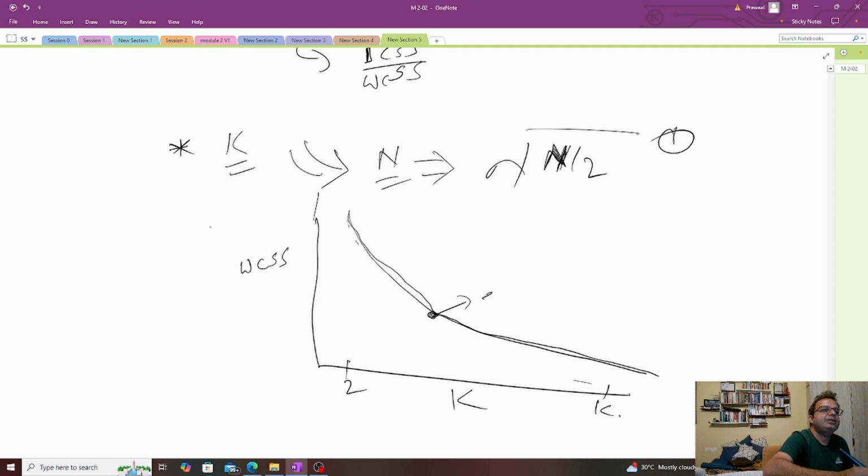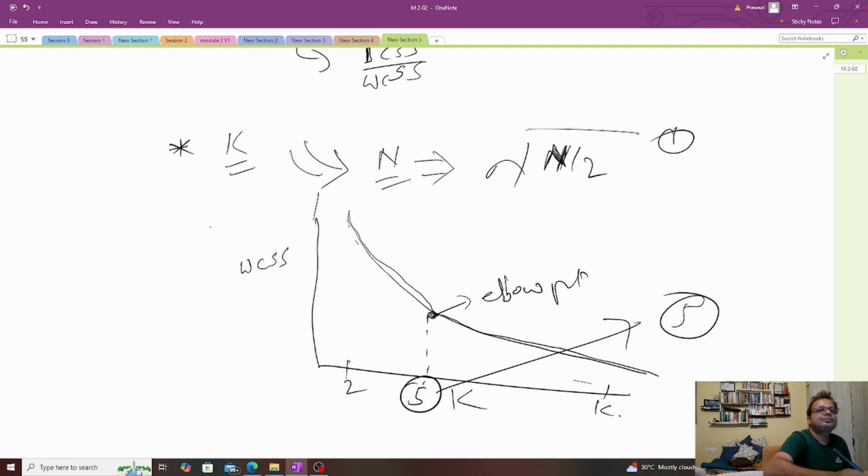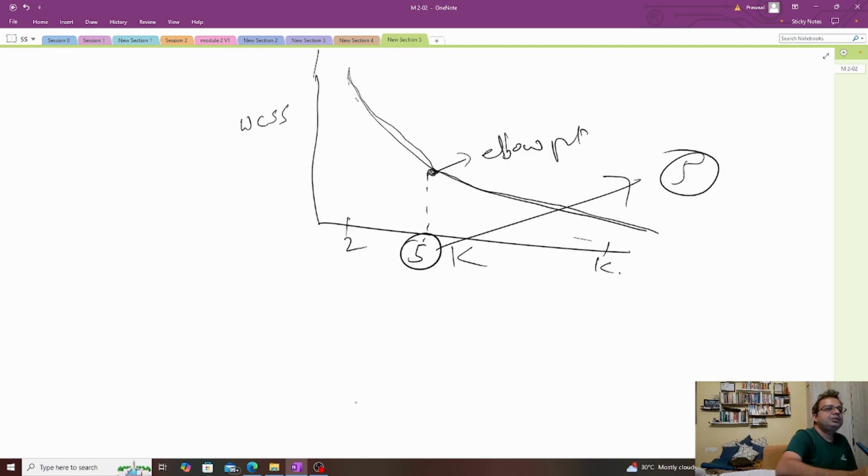This is called the elbow point, and whatever value you see here, let's suppose it is 5, you pick this value. That's how in most algorithms the value of k is discovered. This graph is called a scree plot, and this is how you find the value of k.